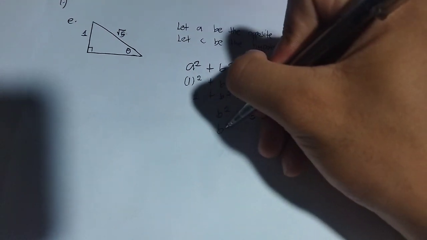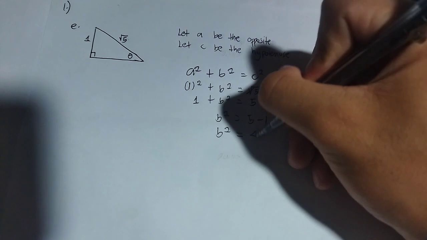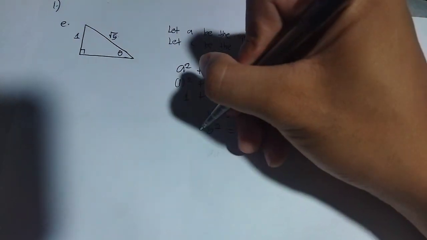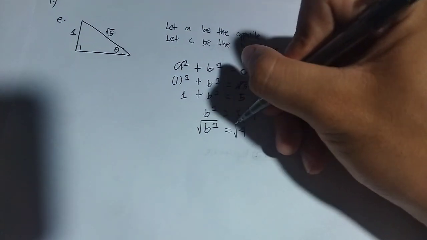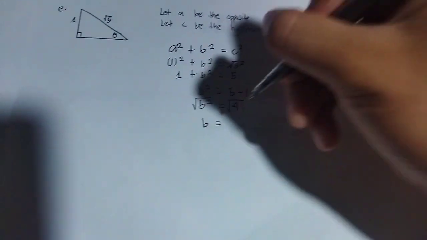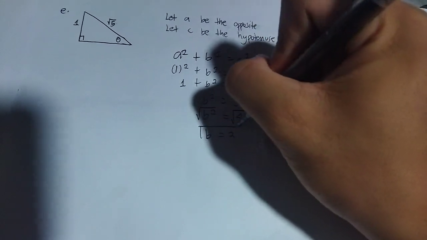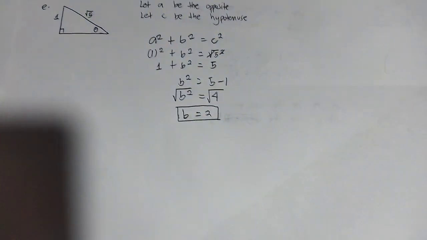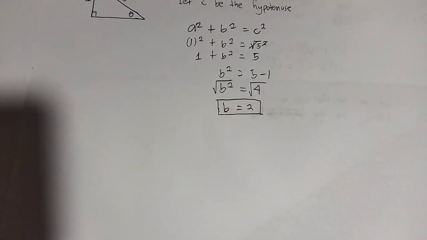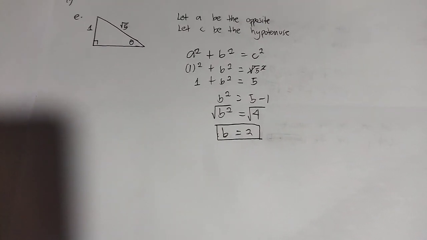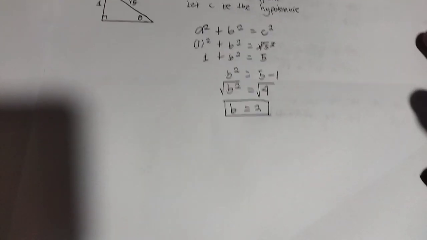So B squared is equal to 4. Then square root the B squared and the number 4. So we have B is equal to 2. Therefore, the adjacent is 2.